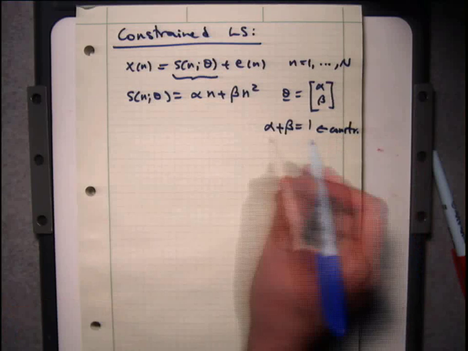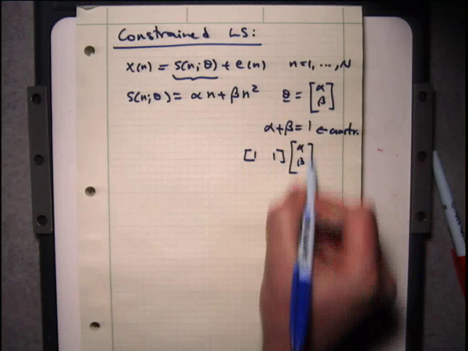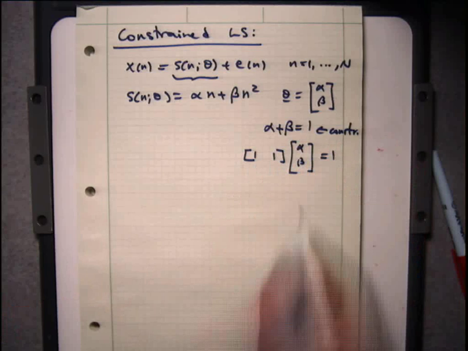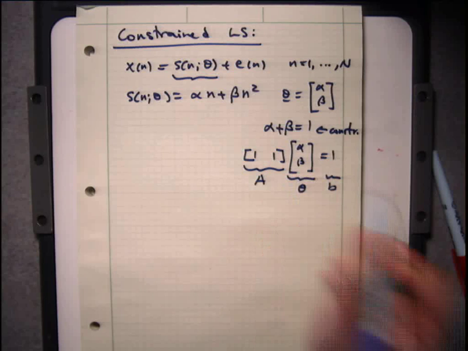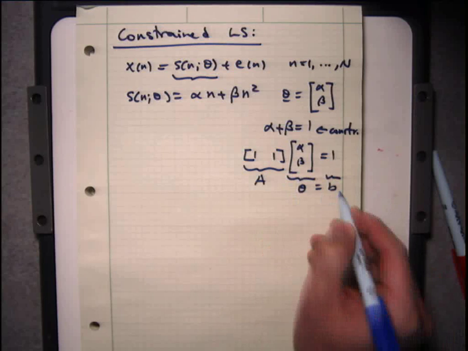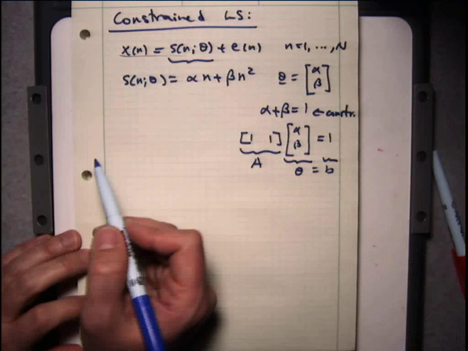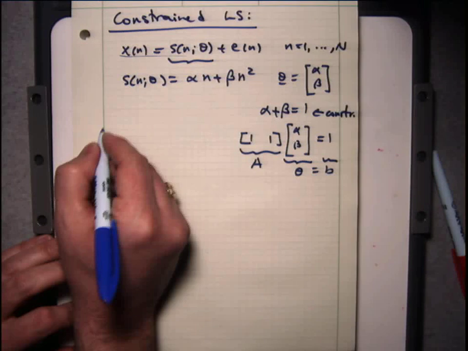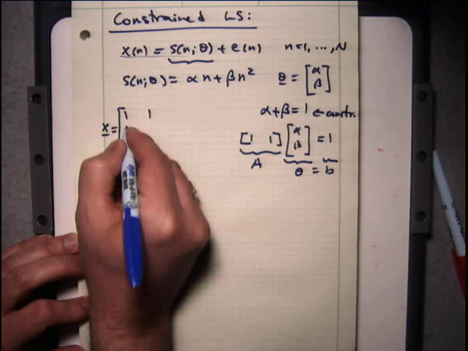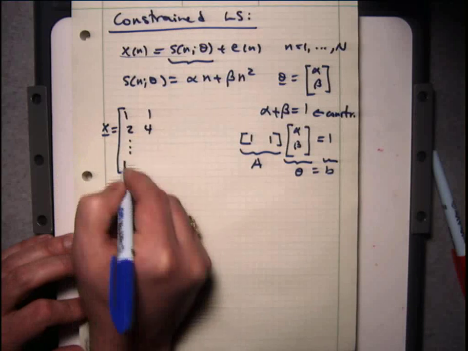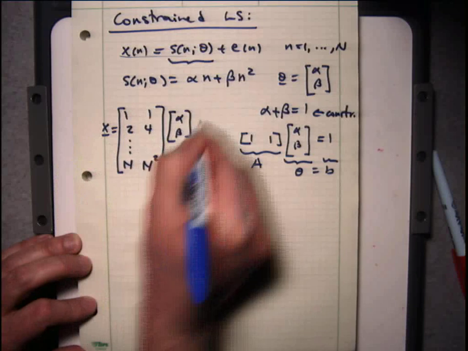So of course I can write this in vector form as 1, 1 times alpha, beta equals 1. Call this A, call this theta, and this b. So what I have is A theta equals b as a constraint. Now let's write all these equations down in one matrix form. I have x equals 1, 1, 2, 4, and so on, up to n, n squared, times alpha, beta, plus error.